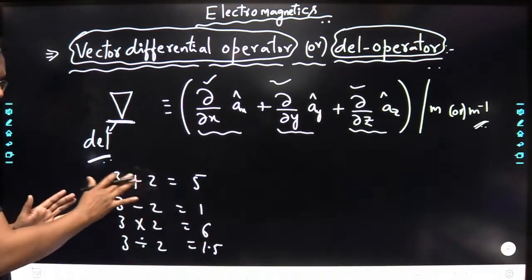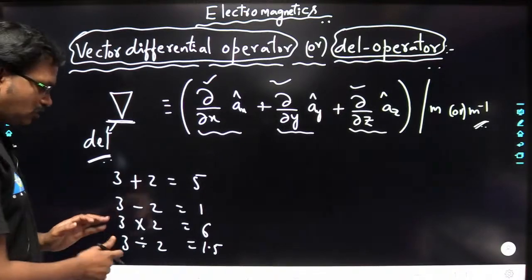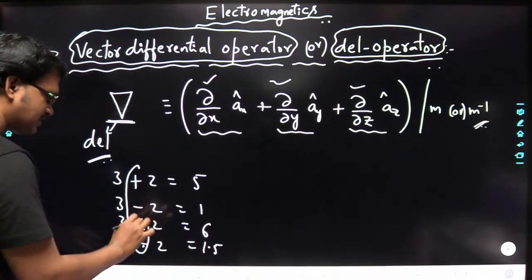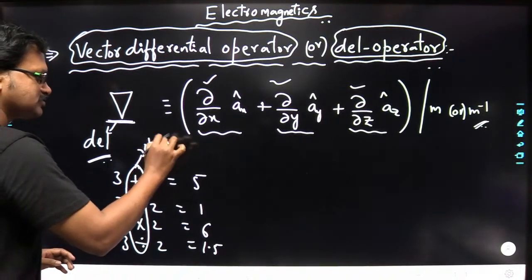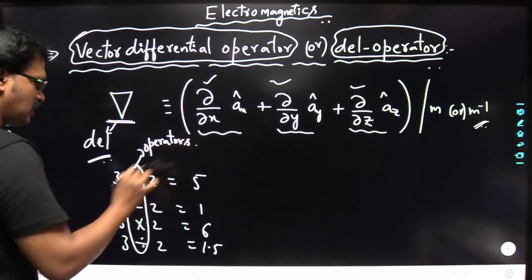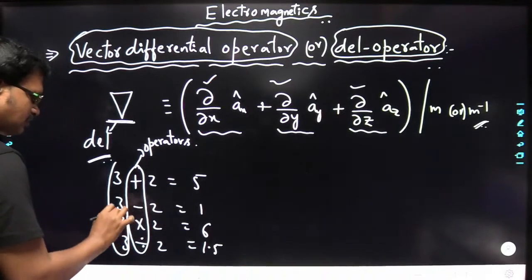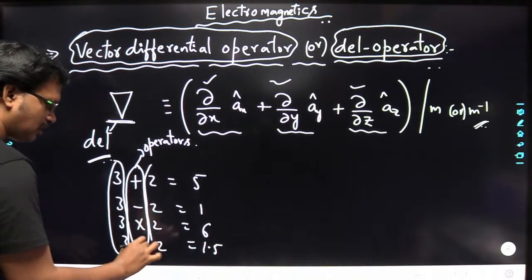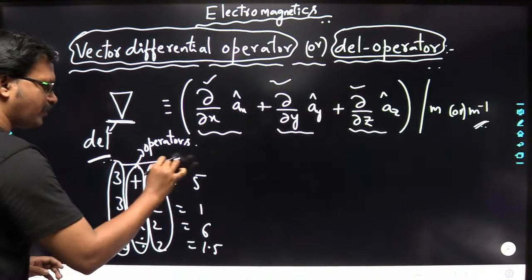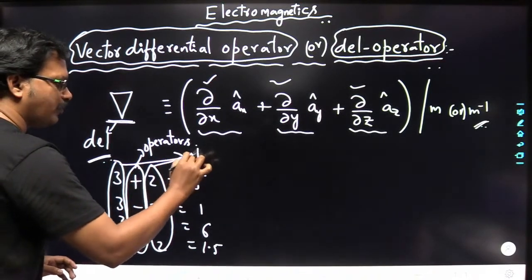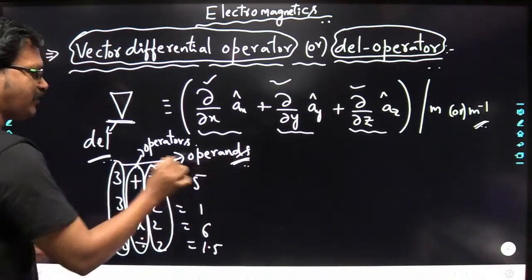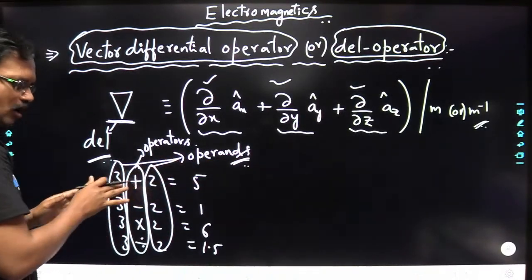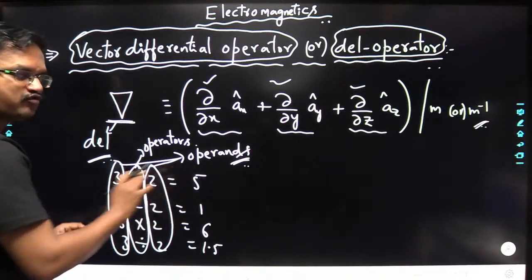Now it is having some meaningful operation or not? Yes or no? So plus, minus, into, divided by are nothing but operators, and this 3 here and 2 here are nothing but operands. Yes or no? So whenever an operator operates on these operands, you have some meaningful operation.